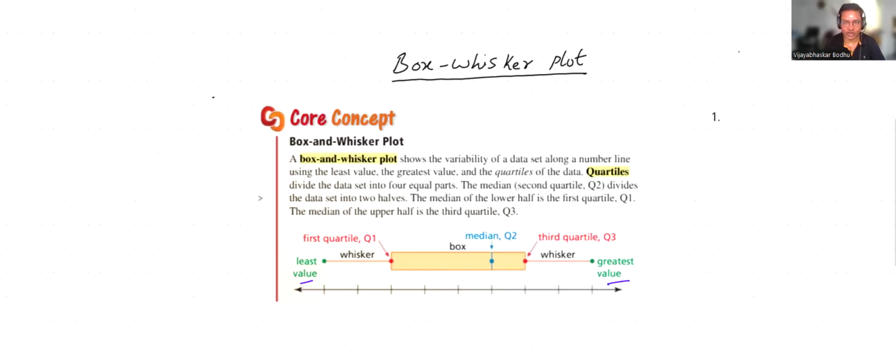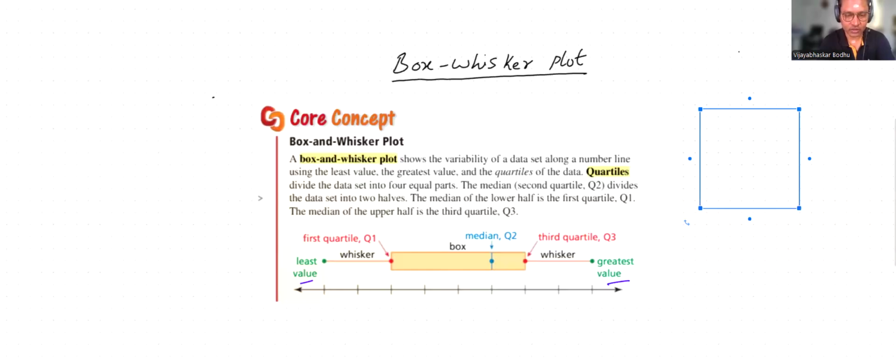We represent this using five things. The five things we need to understand: the very first one is the least value of the data, the second one is the greatest value, the third one is the median, the fourth one is the lower quartile, and the fifth one is the upper quartile.